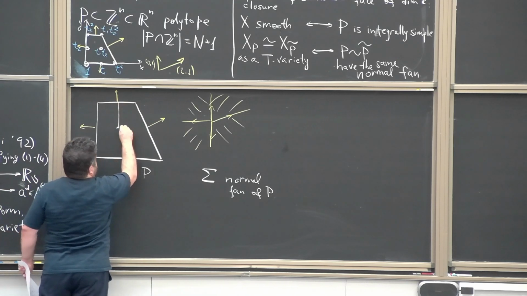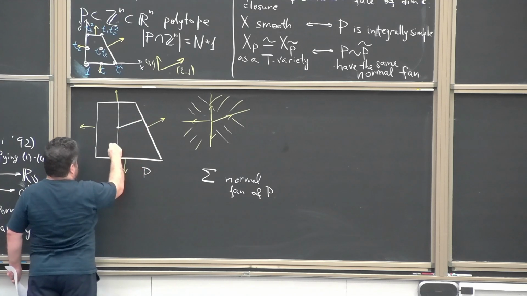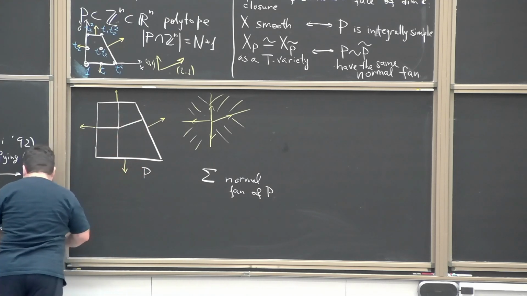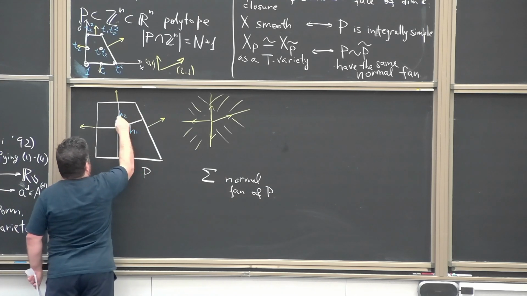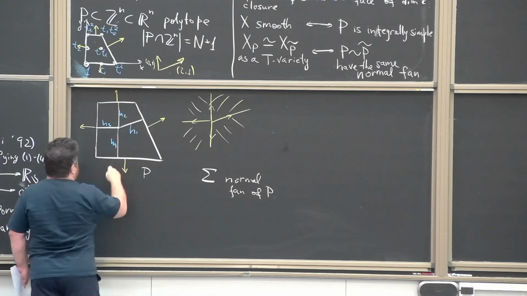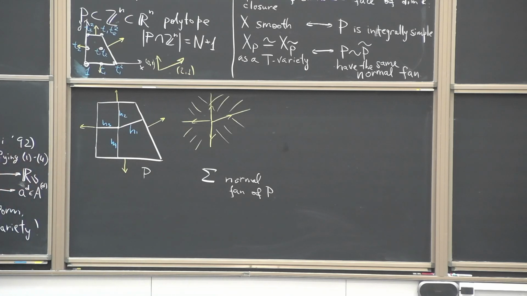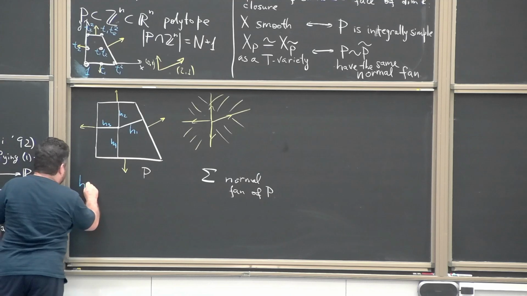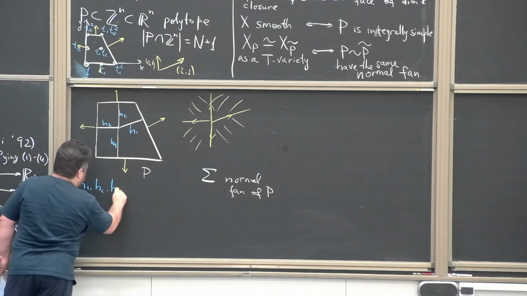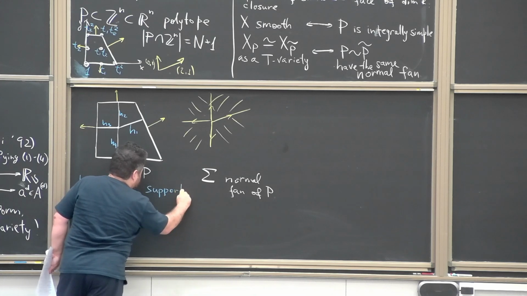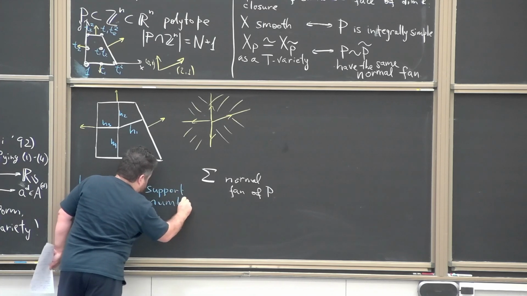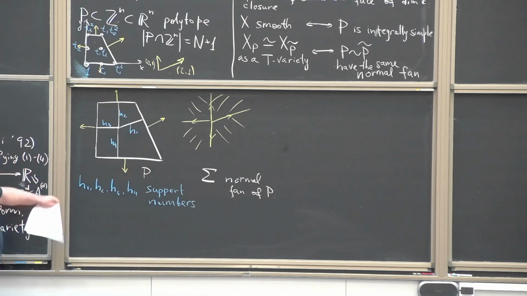Given the origin, the zero point, I can take h1, h2, h3, and h4, some positive numbers, which I will call support numbers. Given a fan and a bunch of support numbers, eventually I get a polytope, if I'm lucky.